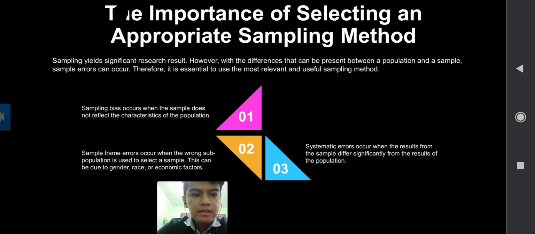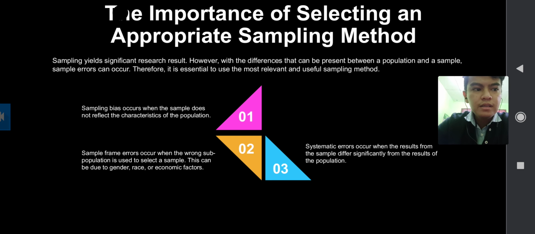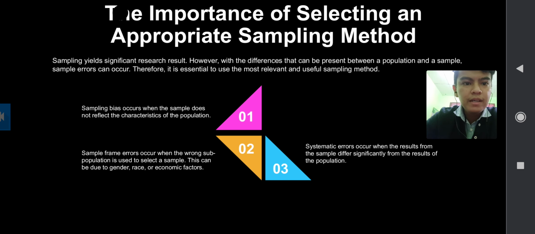The first is sampling bias, which occurs when the sample does not reflect the characteristics of the population. Another sample error is sample frame error, which occurs when the wrong subpopulation is used to select the sample.